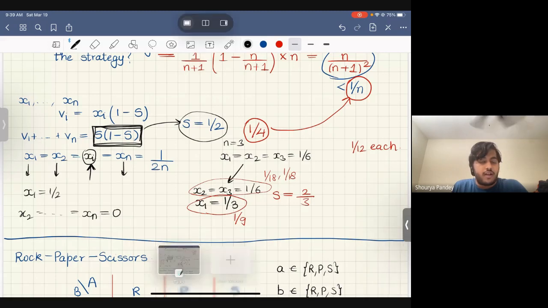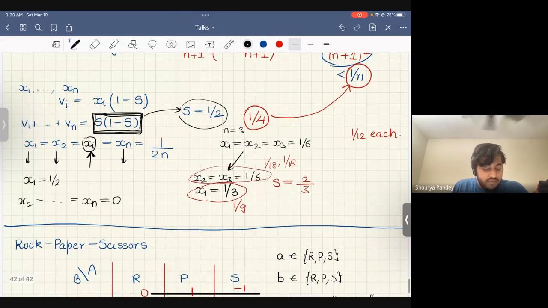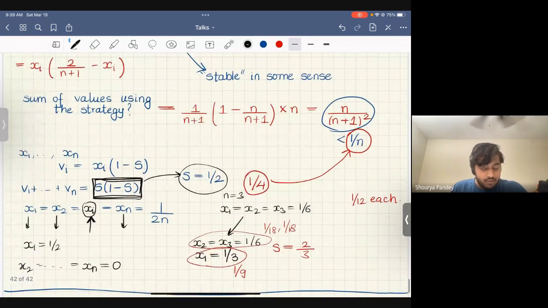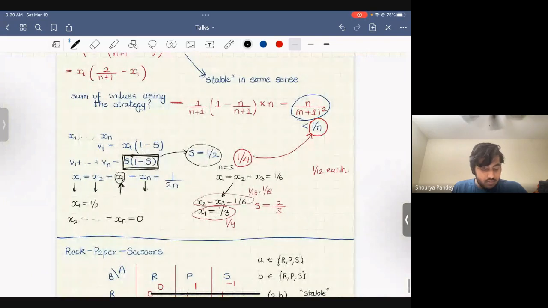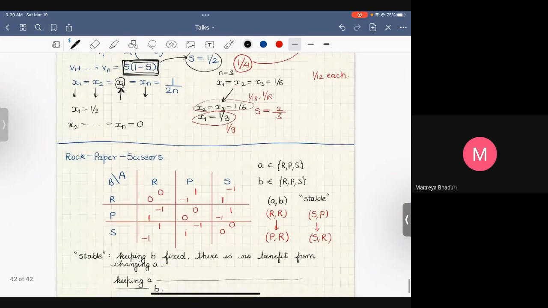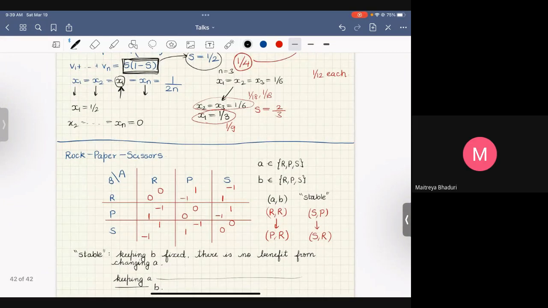But I also wanted to point out that even if this maximizes the total value obtained, it doesn't incentivize the players to be honest. It incentivizes the players to lie and change their values. Does that make sense? Okay, great.